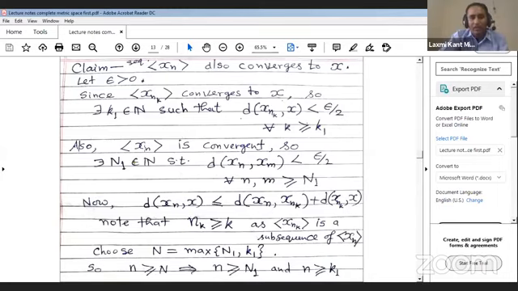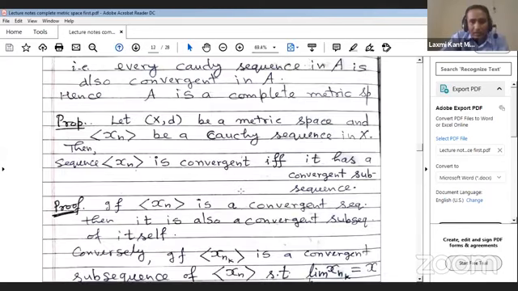Also, this sequence xn is convergent. One minute. I think this is not convergent, but what we have considered here is that xn is convergent if it has a convergent subsequence.